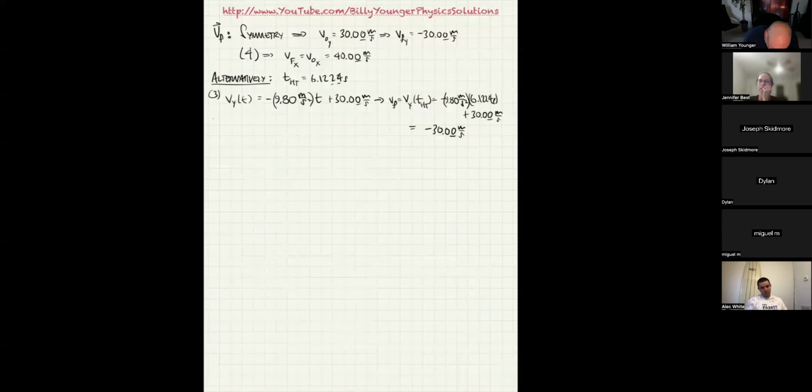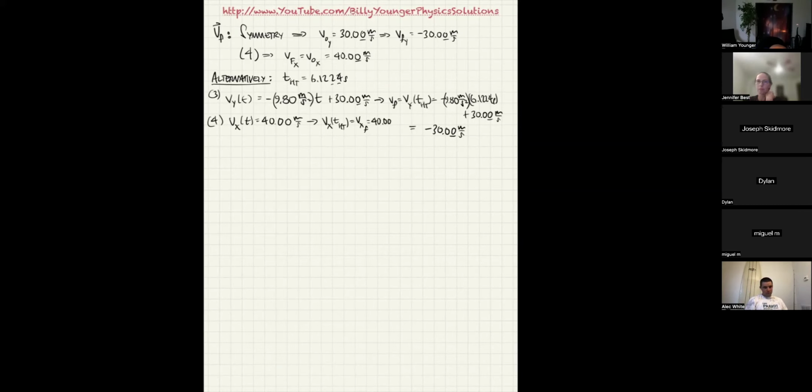Then we could use equation 4, Vx of t is equal to 40.00 meters per second, implies Vx of t hang time is equal to Vx final, which equals 40.0 meters per second. So that's the calculations we could have done.